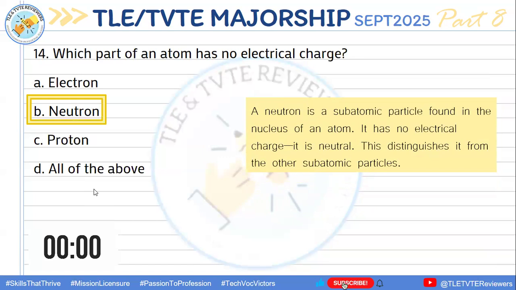It has no electrical charge. It is neutral. This distinguishes it from the other subatomic particles. For letter A, electron, electrons carry a negative electrical charge, and protons carry a positive electrical charge. So answer letter B, neutron.